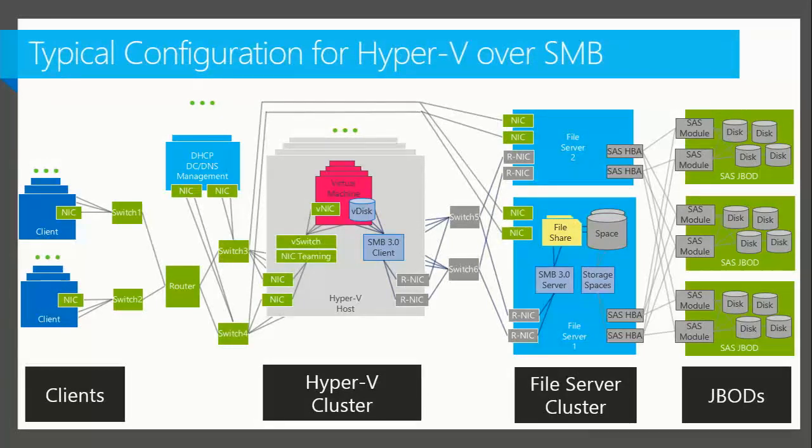Then on the other side, you have my non-RDMA NICs connected to a team, making a single team of the two NICs, and then connected to the vSwitch and going to the virtual machines. Notice that SMB does not flow through that path. It flows through the storage VSP, VSC, and Hyper-V. So the SMB traffic is considered storage traffic in Hyper-V, right?